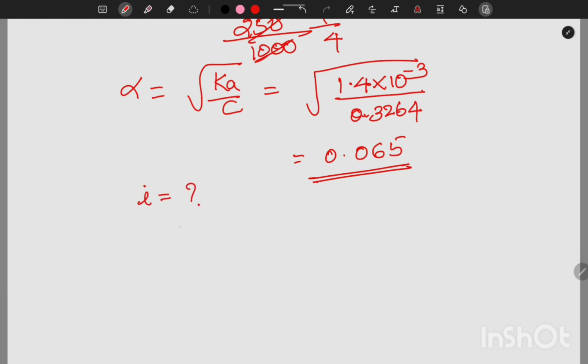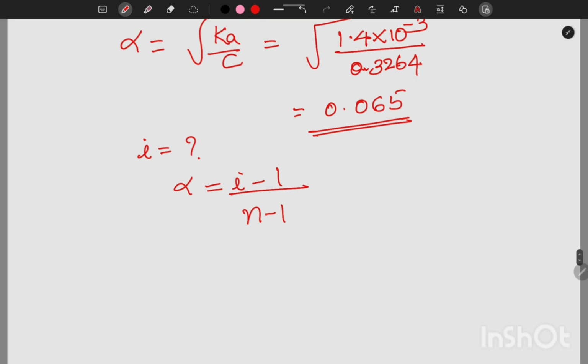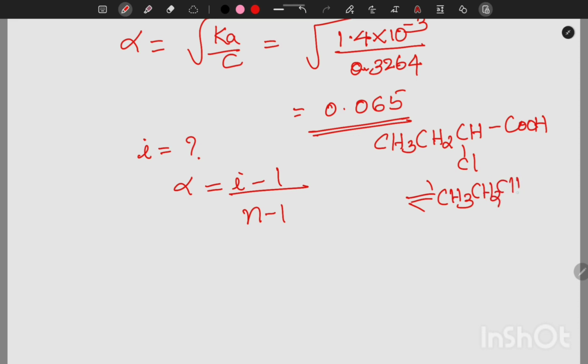Now we have to calculate the Van't Hoff factor i. So alpha is equal to i minus 1 by n minus 1. In the case of dissociation of acid, the acid is splitting into CH3CH2CHClCOOH. This breaks down into CH3CH2CHClCOO minus plus H plus.